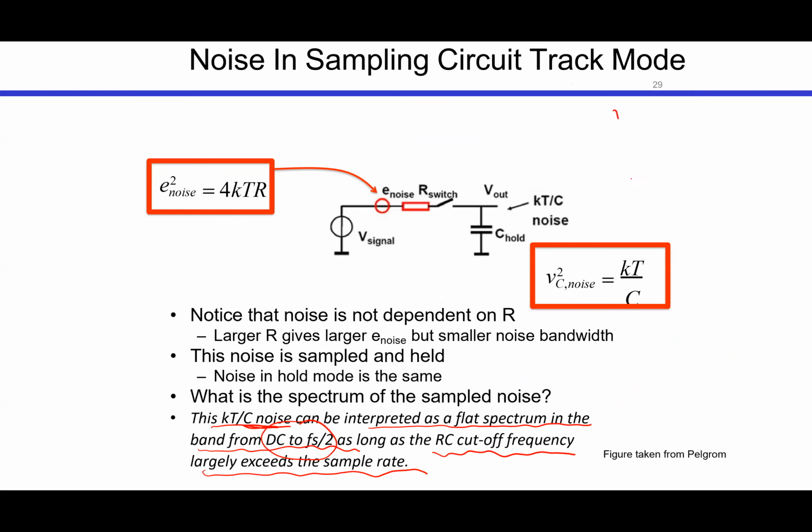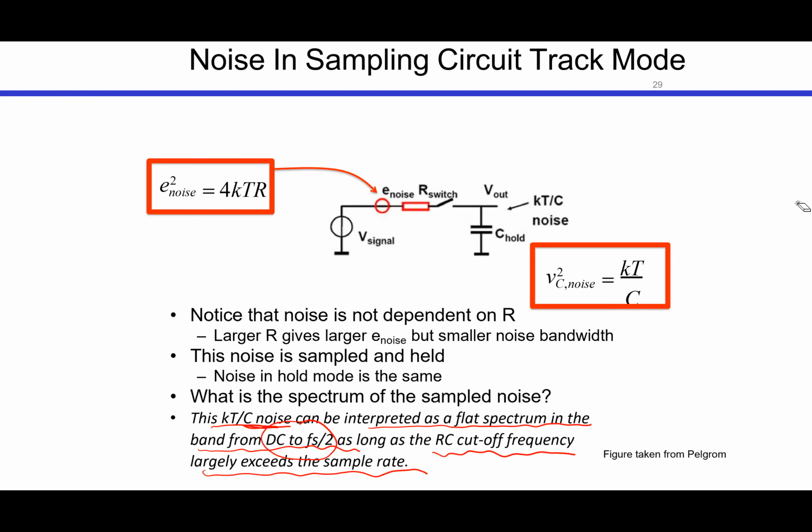Given that the cutoff of this filter, 1 over RC, is far greater than the sampling rate fs, we assume it is flat in this bandwidth. Otherwise, if you are cutting it here, then you don't need to include that part of the noise. But it might not work for you if the bandwidth of this filter is so small. We will see why.